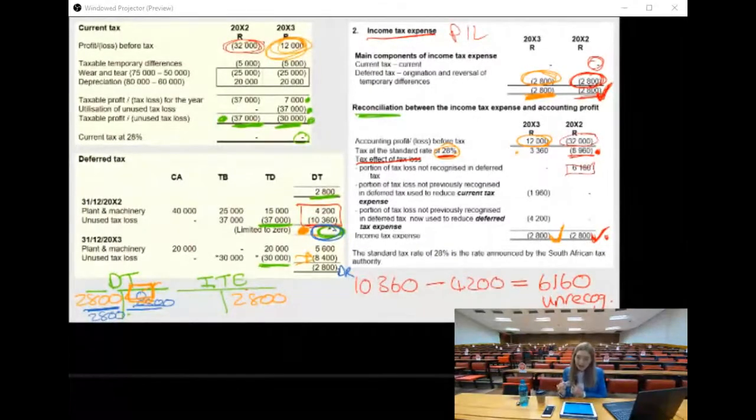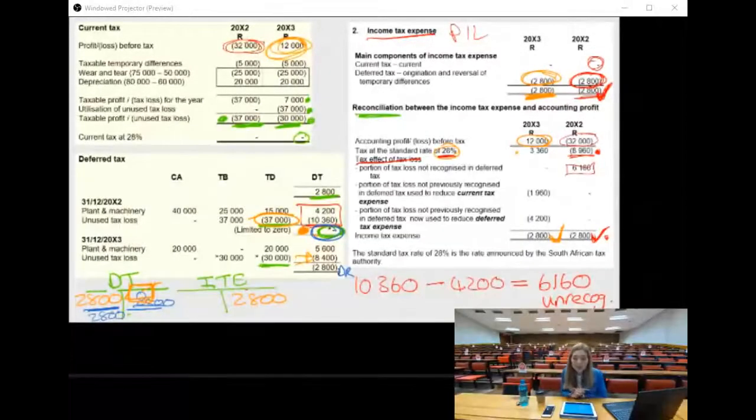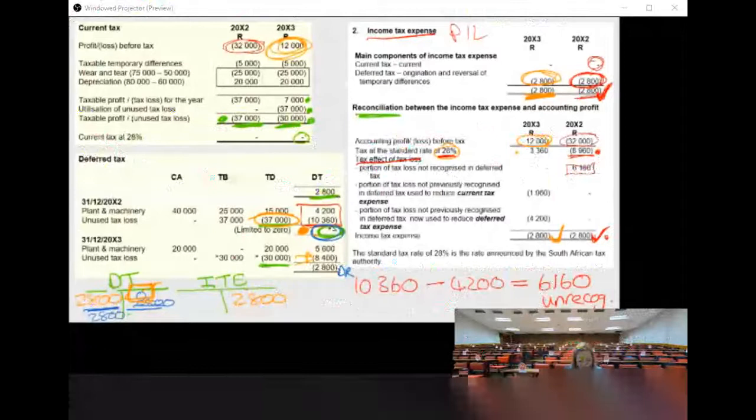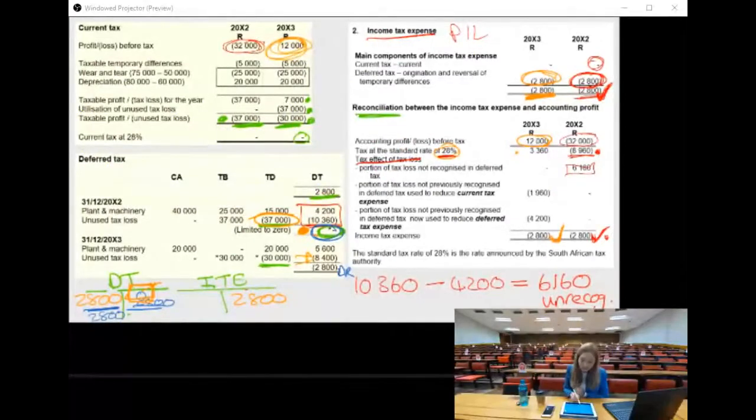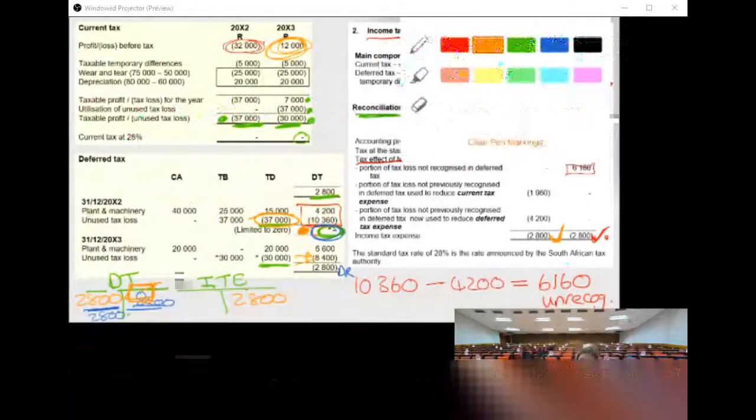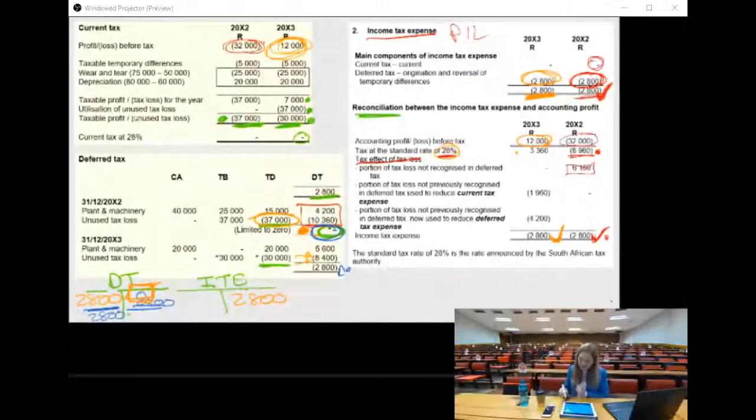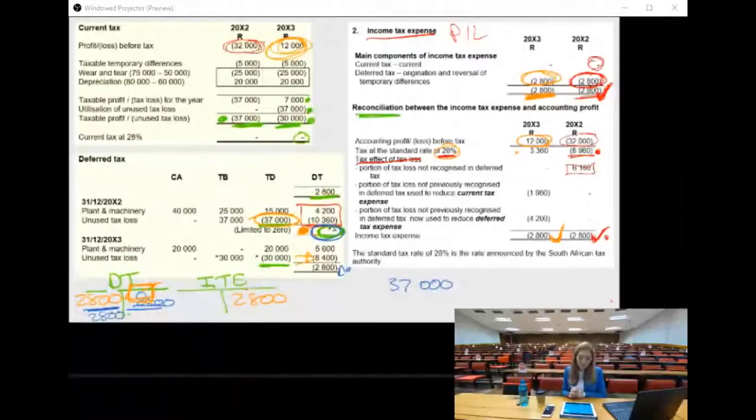Okay, so what now happens is that this 37,000 unused tax loss that we had in 20X2, we have used in two ways. That 37,000 unused tax loss should have been included in our opening balance.